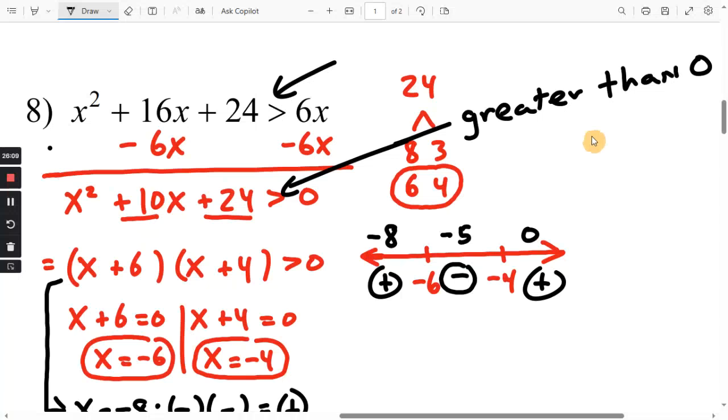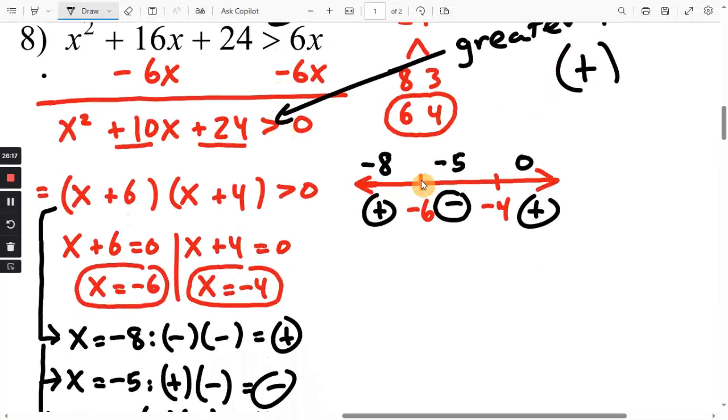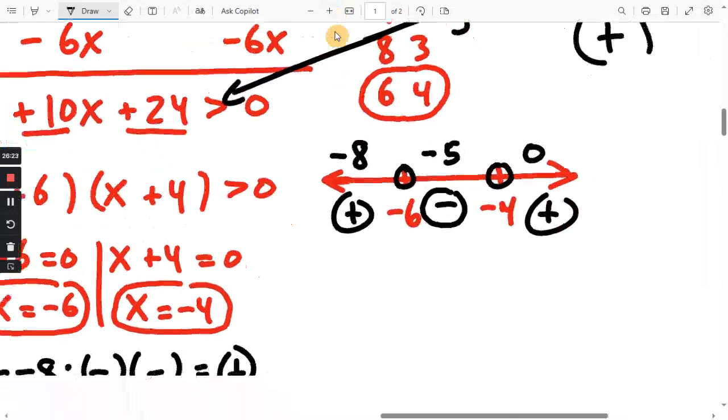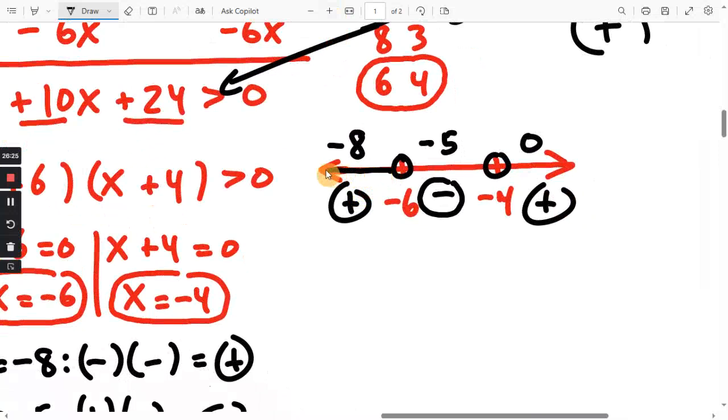In other words, the positive section. So, there's no equal to, so we're not including the zeros. You can put an open circle there. All right, and the positive section is this section here. See the positive we wrote below? The positive section is this section here.